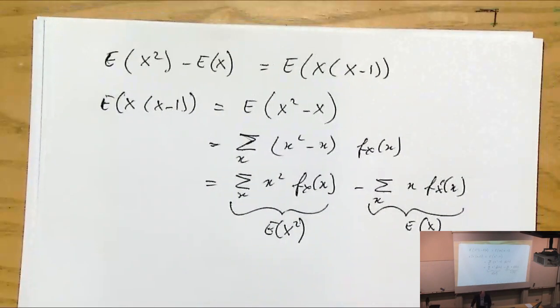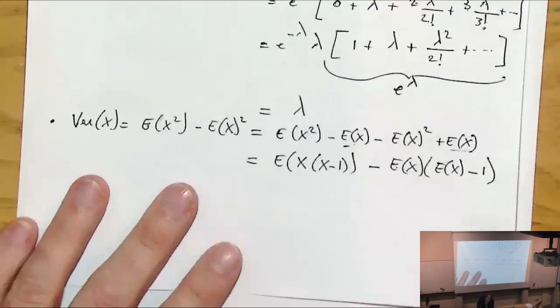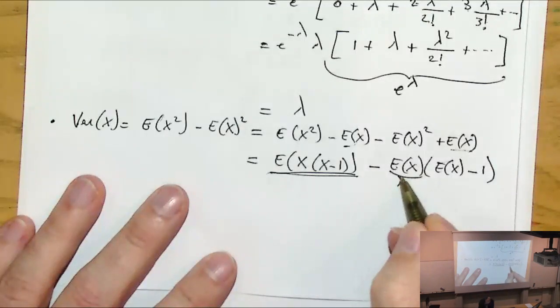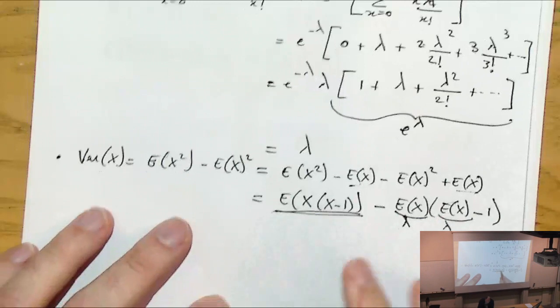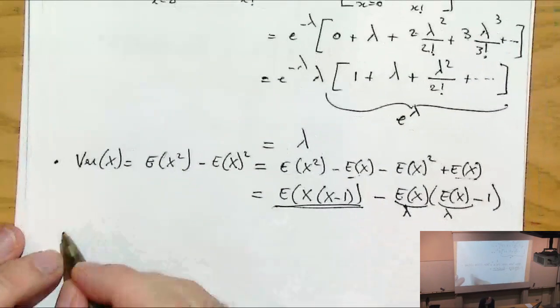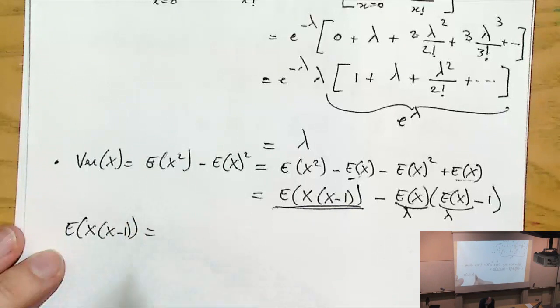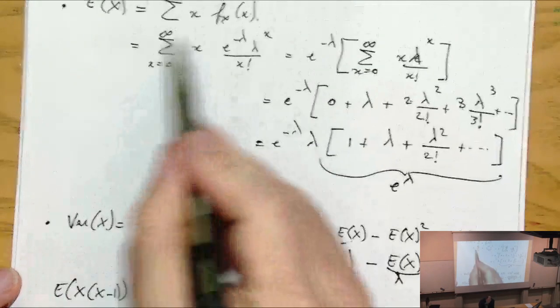So what do we do once we have that? Well, now we can compute the expectation of this. This one we know already. This is lambda. We have done it just before. What is missing is expectation of x multiplied by x minus 1. And so what is this quantity? Again, this is a sum, and I'm doing the same trick as before.